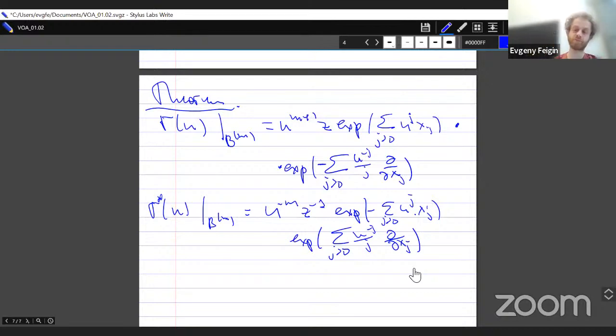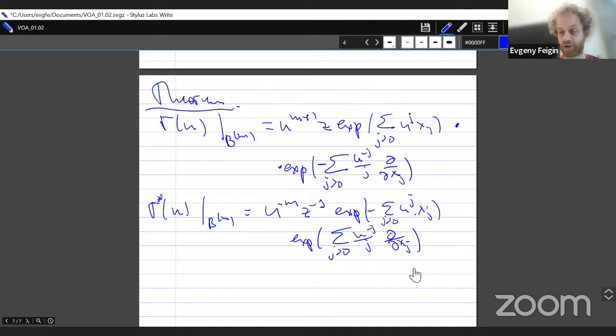You remember that Bm is just a polynomial ring in variables x, and therefore we want to apply some operator acting on the x variables. In both expressions, you have u to some power and z or z inverse on the left, which produces a shift from Bm to Bm plus 1 or from Bm to Bm minus 1, as it should be. You also have some exponents.